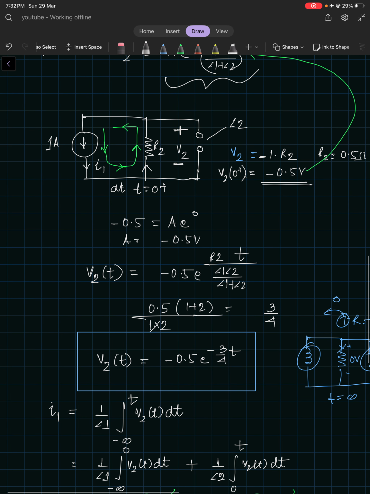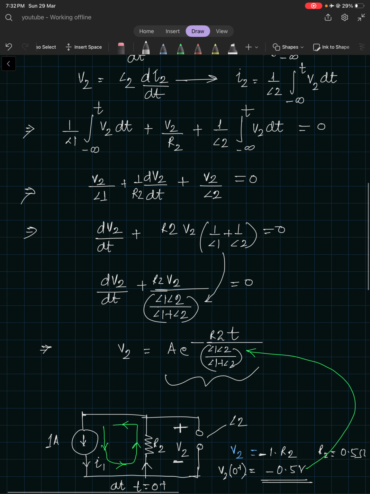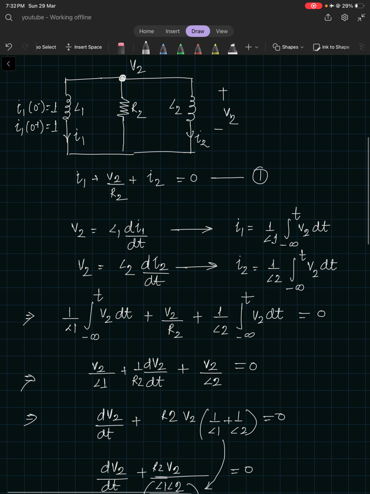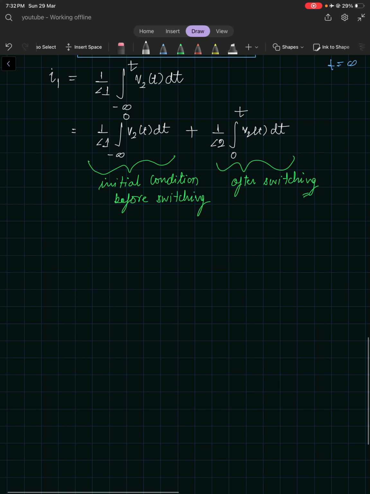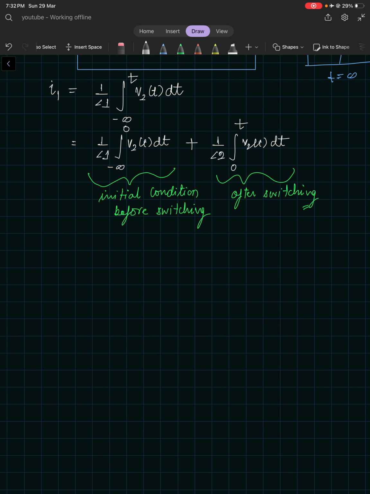Let me scroll up. It was, I think, 1 ampere, right? 1 ampere. I'm not writing the units. Okay, this will be 1 by L2. Oh sorry, this is not L2.